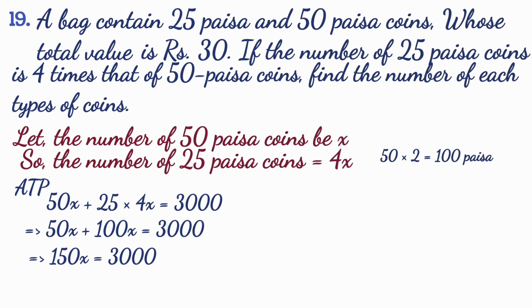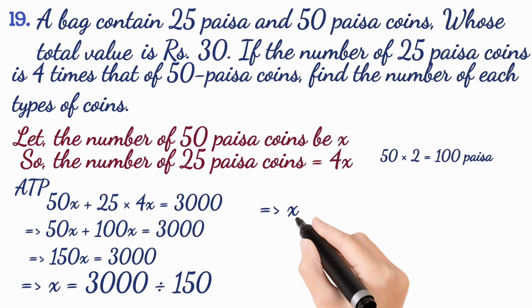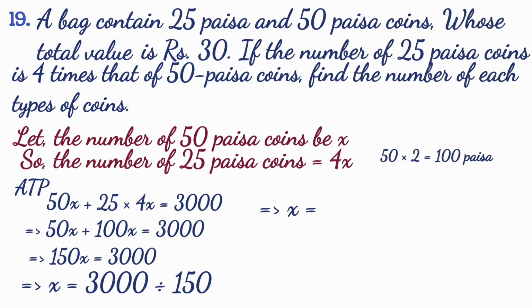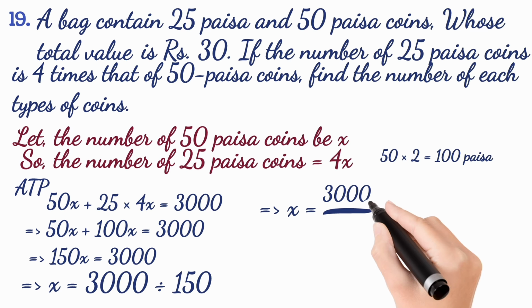Now we will find the value of x. That is 3000 divided by 150. Let me do it for you. x equals 3000 divided by 150.